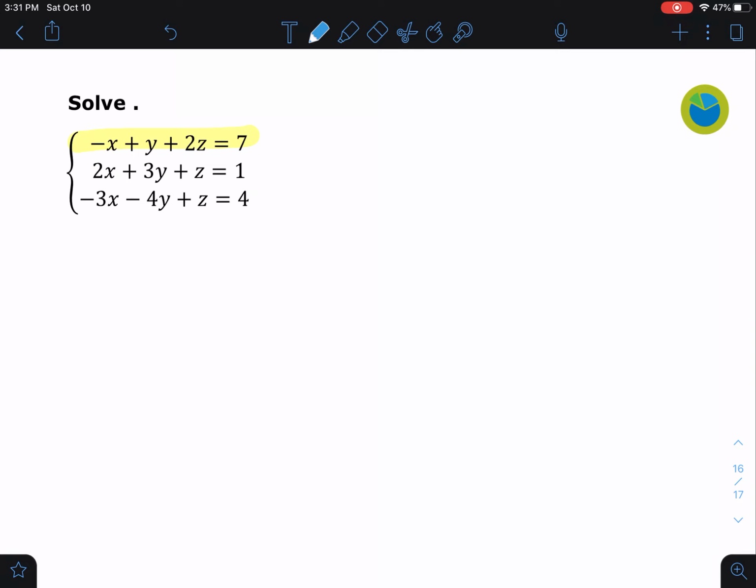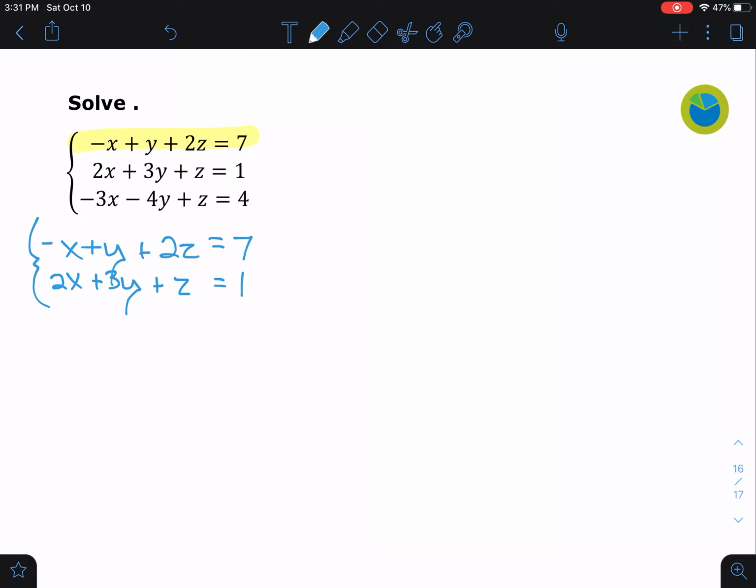So here we go. We've got -x plus y plus 2z equals 7, and then 2x plus 3y plus z equals 1. And now I want to eliminate, like I said, y. You actually could do x, y, or z, because you can find a coefficient of 1 or -1 for all of them, which makes it pretty easy.